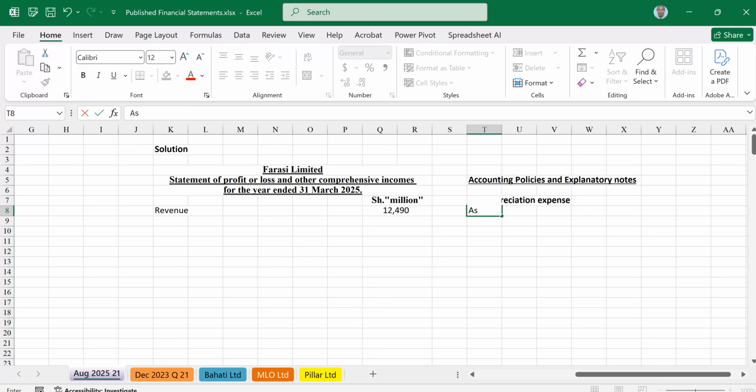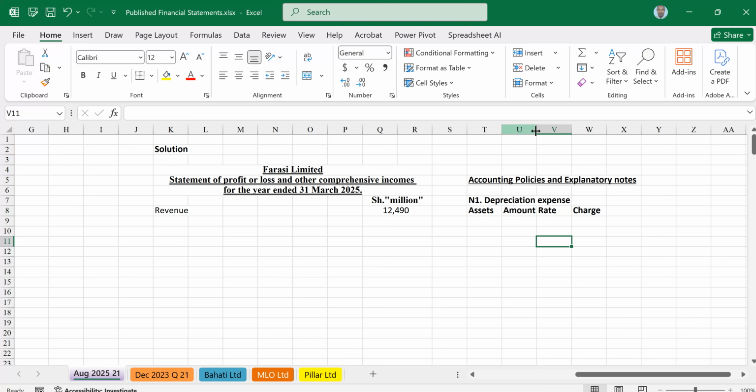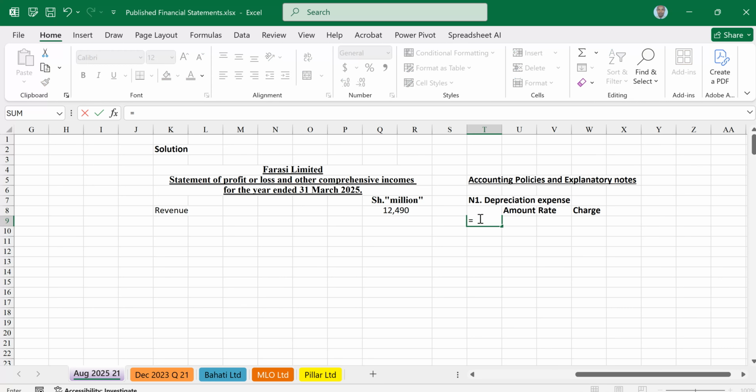So asset, amount, rate, charge. Now the first one is building.